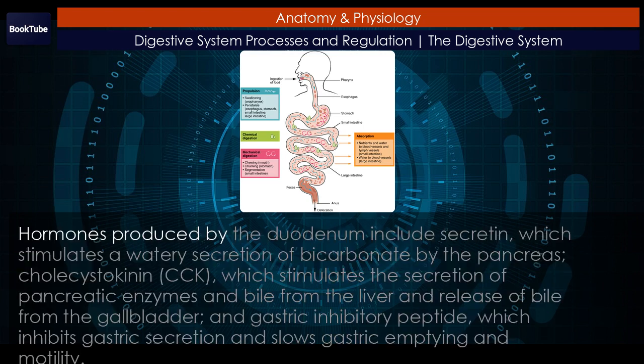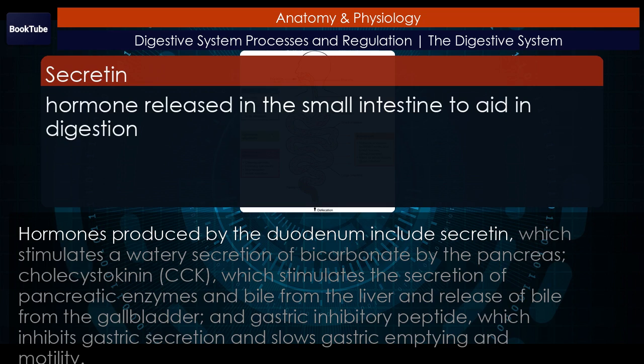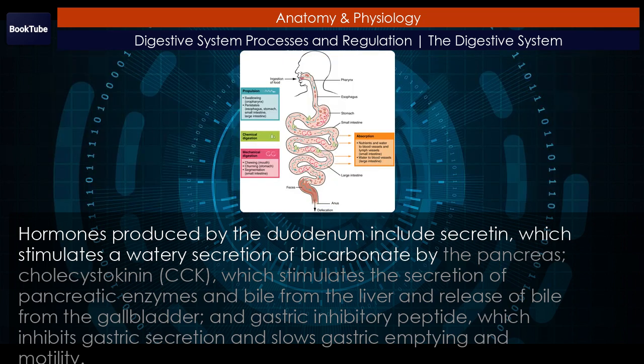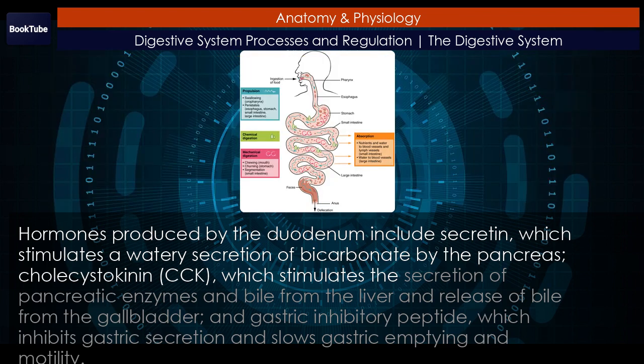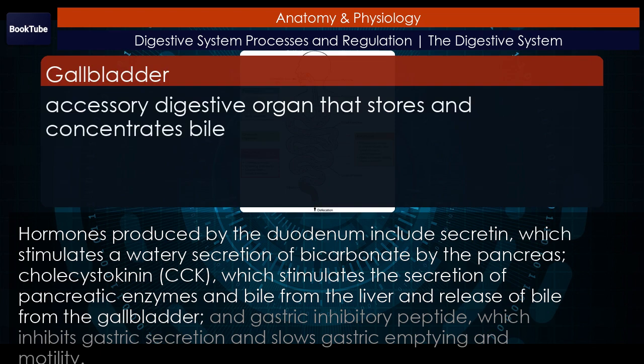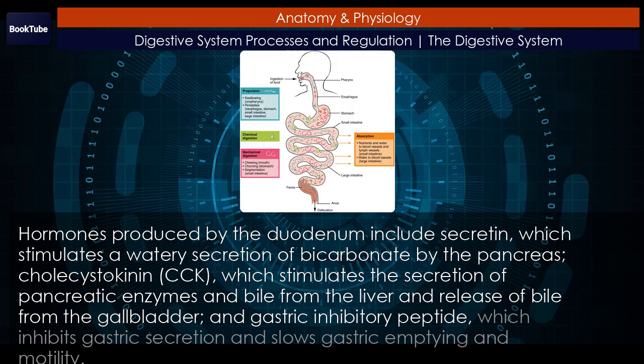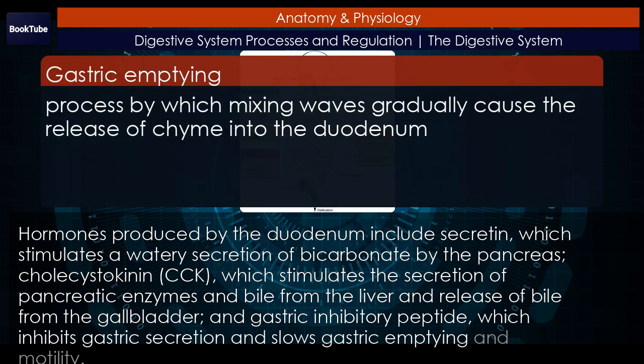Hormones produced by the duodenum include secretin, which stimulates a watery secretion of bicarbonate by the pancreas; cholecystokinin, CCK, which stimulates the secretion of pancreatic enzymes and bile from the liver and release of bile from the gallbladder; and gastric inhibitory peptide, which inhibits gastric secretion and slows gastric emptying and motility.